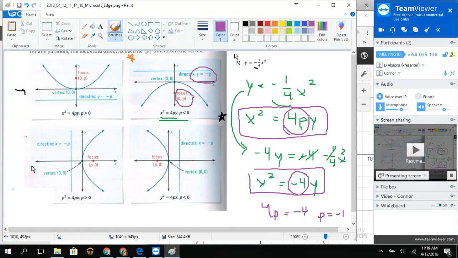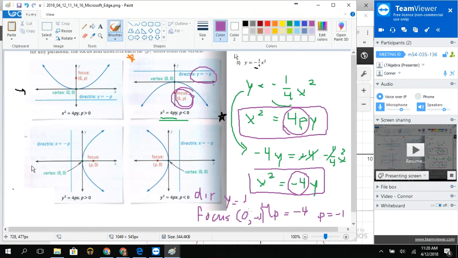So what that means is for this equation, my focus is at 0, negative 1. And my directrix, I'm going to abbreviate, is at y equals positive 1.